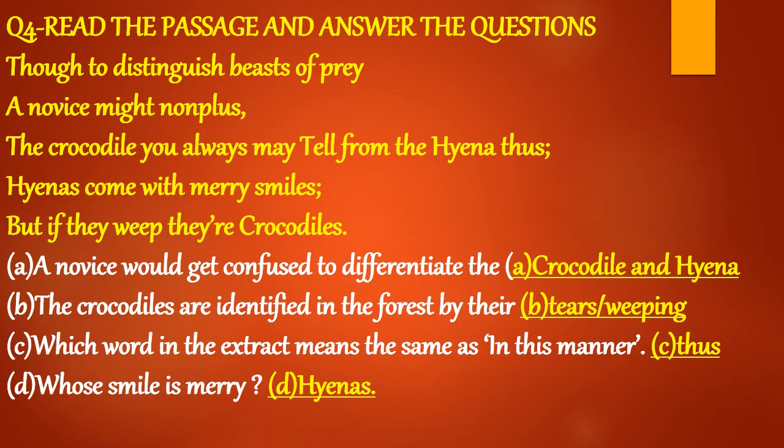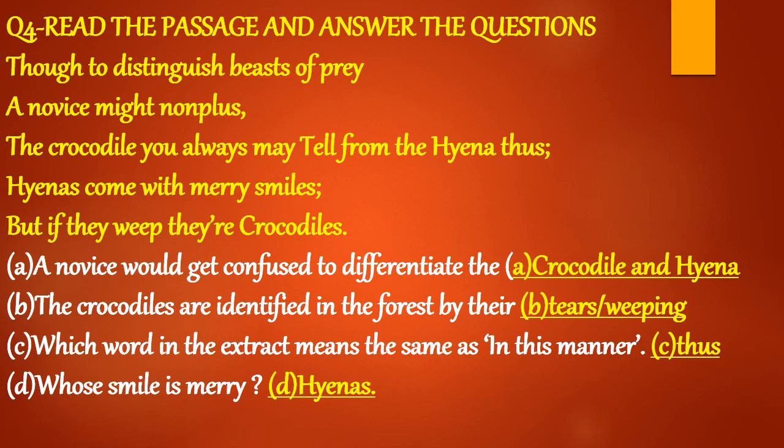Question number 4 is, read the passage and answer the question. This passage was given to you: though to distinguish beasts of prey, a novice might nonplus, the crocodile you always may tell from the hyena does. Hyenas come with merry smiles, but if they weep, they are crocodiles.